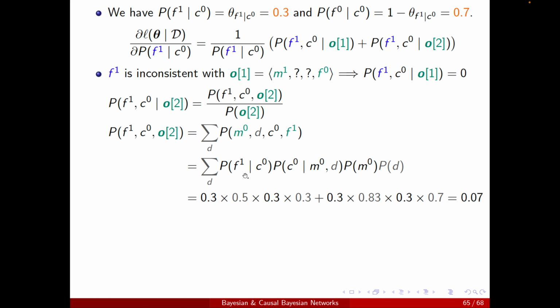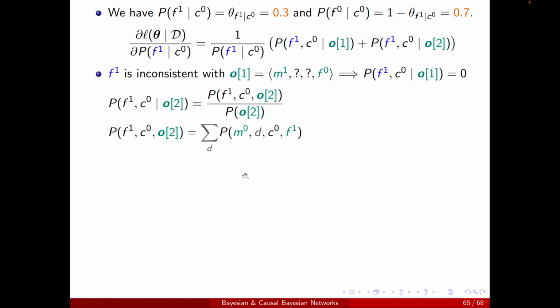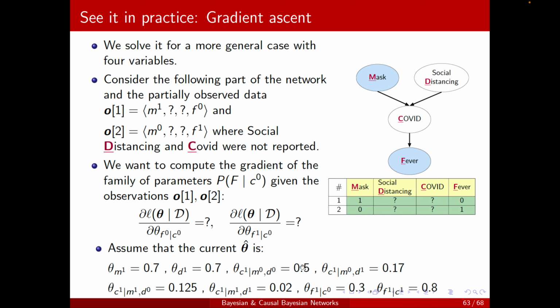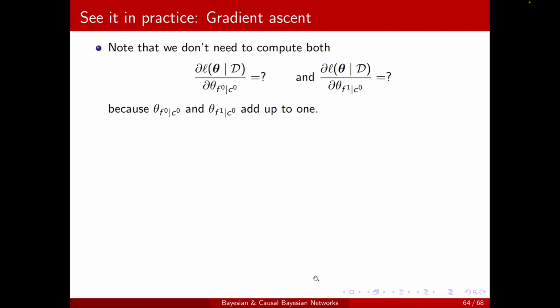So the first one, from the table that we have here, for example, theta of M1 is 0.7. This is the first instance. For the second instance, I have 0.3. That's what I'm using here, and so on for the other values.